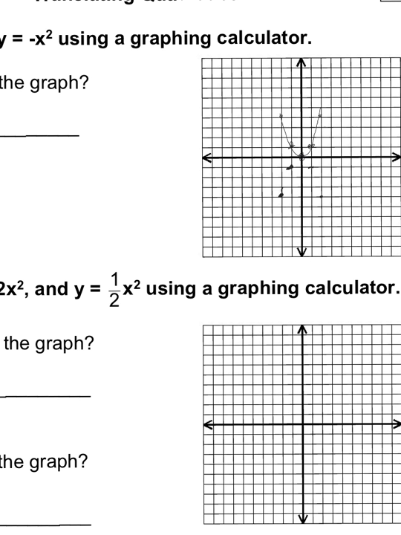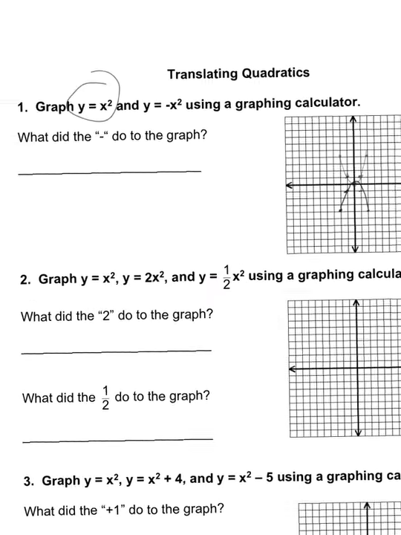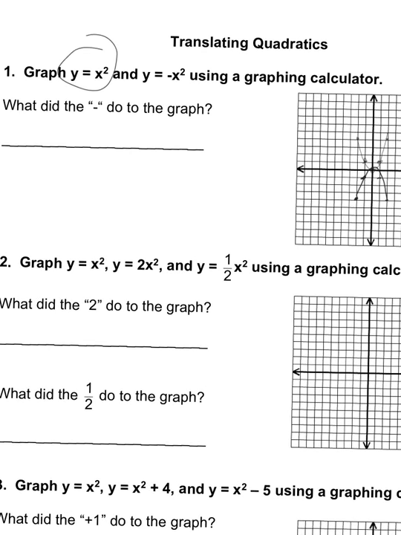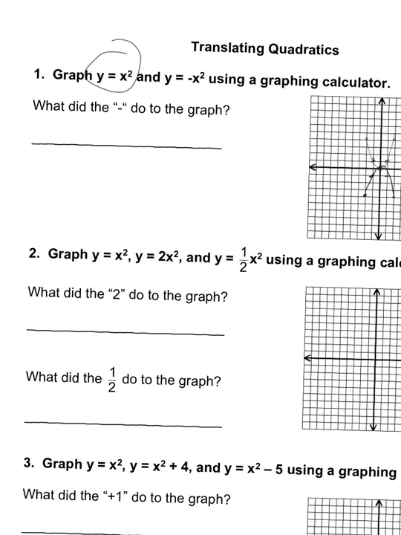So it took it and flipped it. In math, when there's a negative out front like that, we call that a reflection. This is being reflected up and down, so that is a reflection across the x-axis.